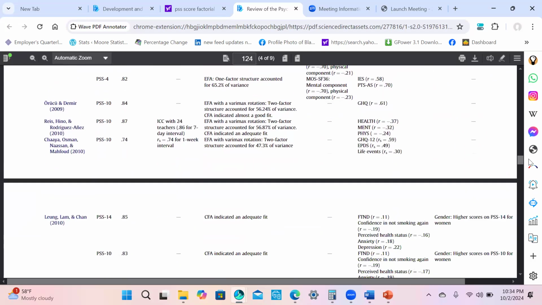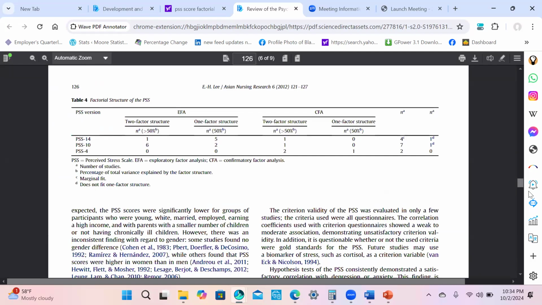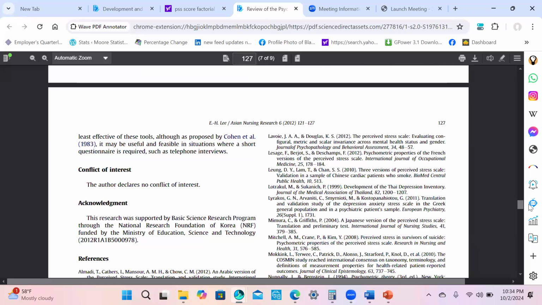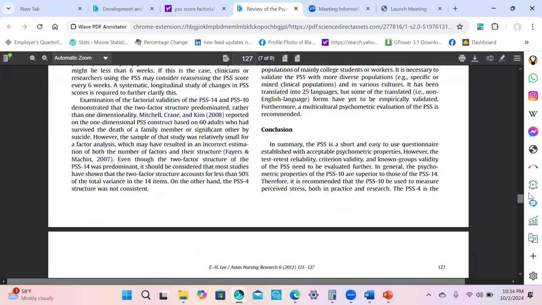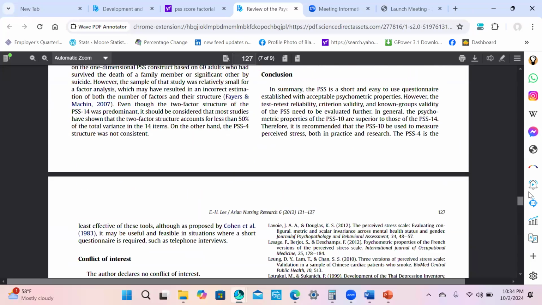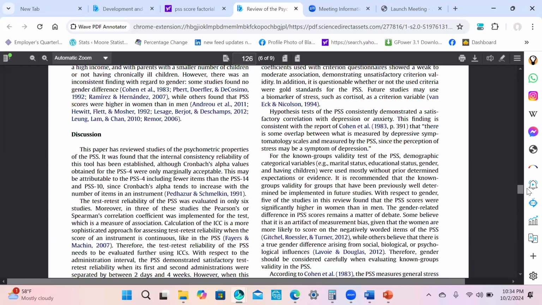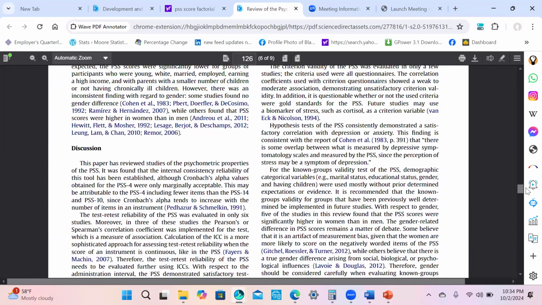Now, usually you'll have some instructions for how to use the tool. With the PSS score, there are certain items, and I know this because I've recently used it.